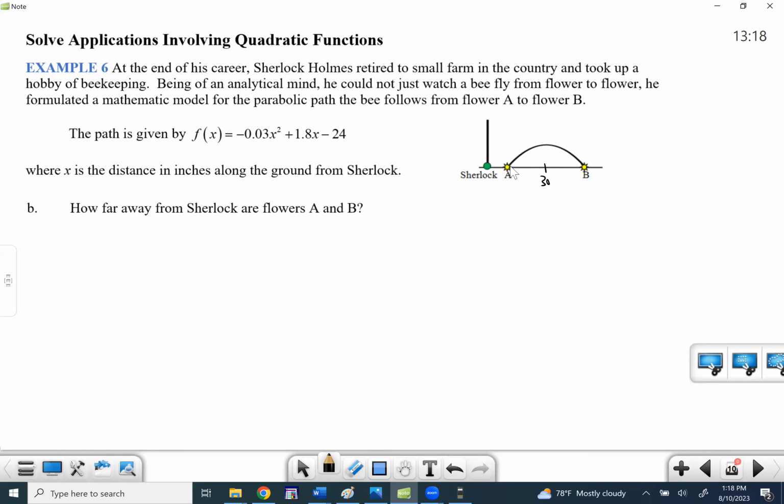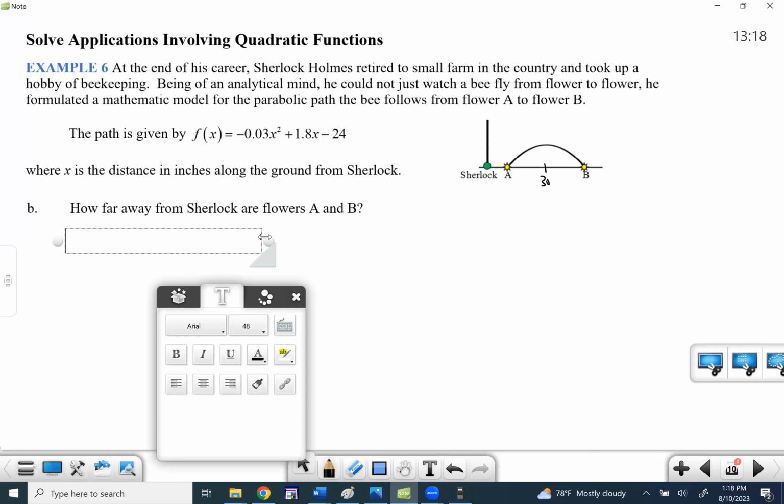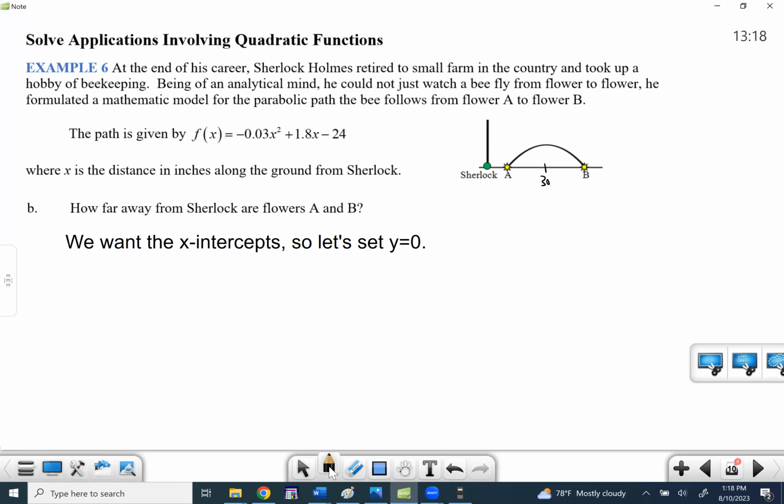Hopefully you said x-intercepts, because this is where we cross the x-axis, right? So what we want are the x-intercepts. So let's set y equal to 0. To find x-intercepts, we let y equal 0. In this case, the f of x, that's y, right?